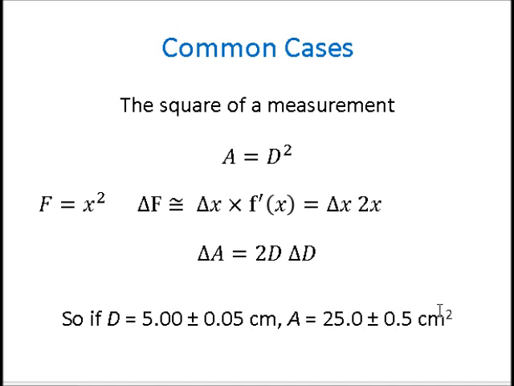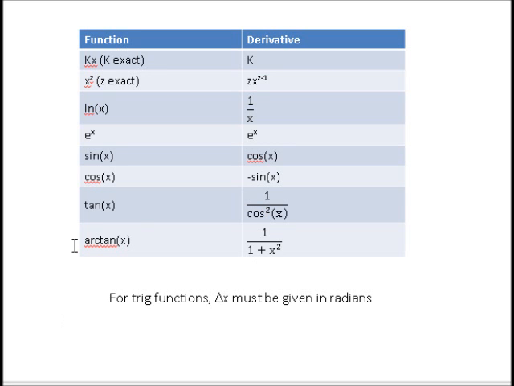Another common case is the square of a measurement. If A equals d squared, then we have to remember from our rules that this is the function f equals x squared, the power. So delta f equals the uncertainty in the measurement, which is x, times the derivative of the function. Go back to this table. For x squared, the derivative is 2 times x to the 2 minus 1, so 2x.